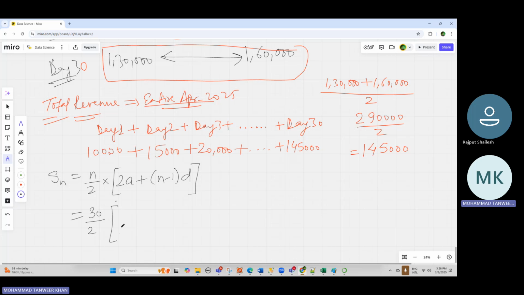Then you have to multiply by 2, which means the first time you multiply by 2. So on the first day, the total revenue was 10,000 multiplied by 2. It will be 20,000. Now see, one thing I want to make very clear. In machine learning, nothing can be taken for granted.